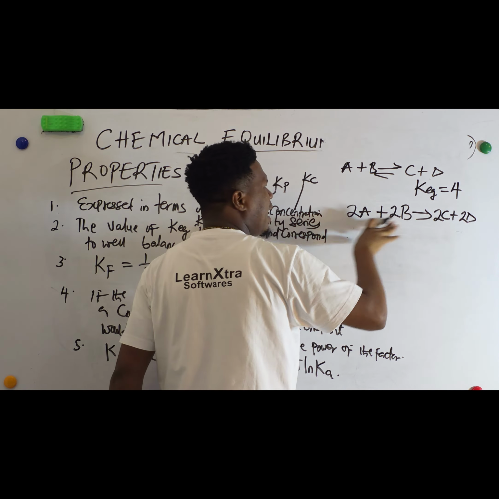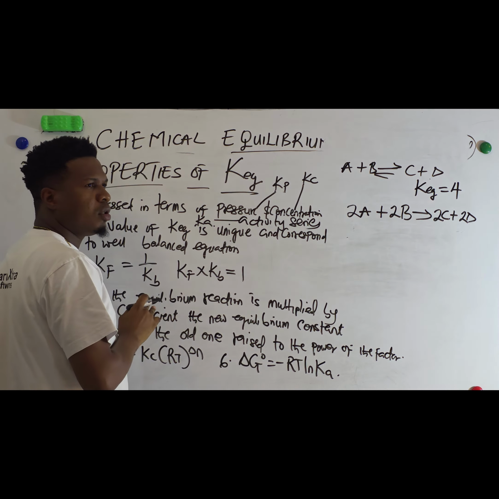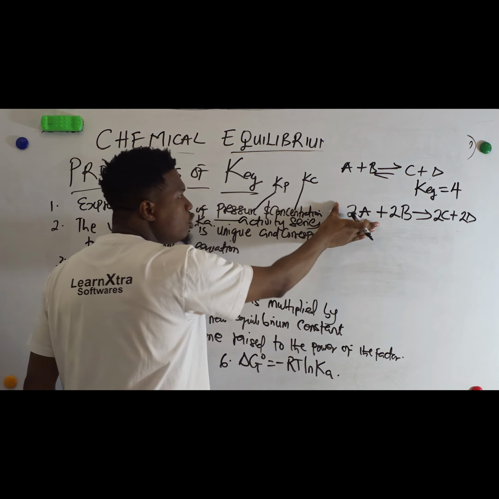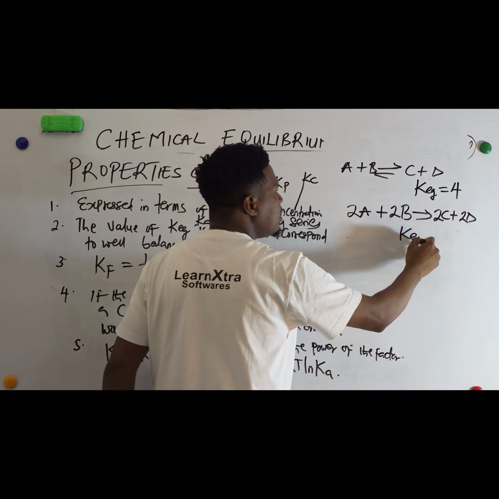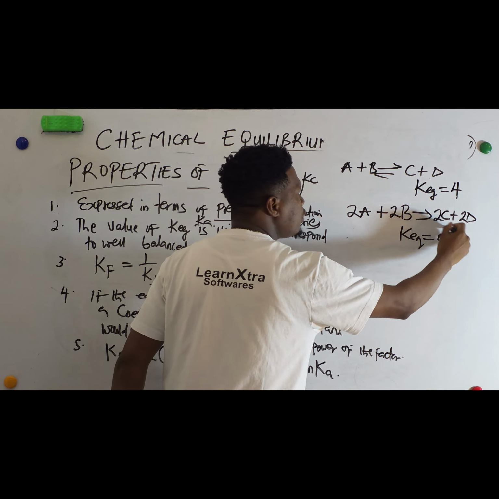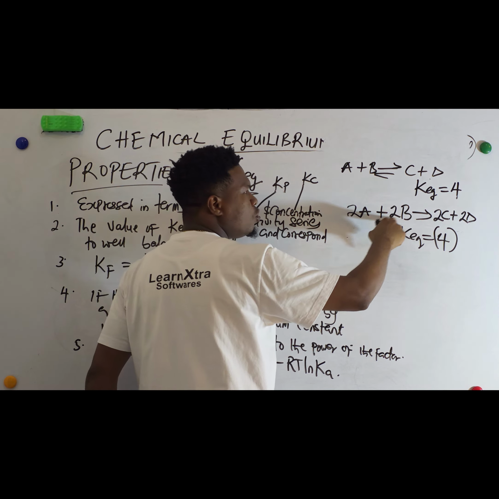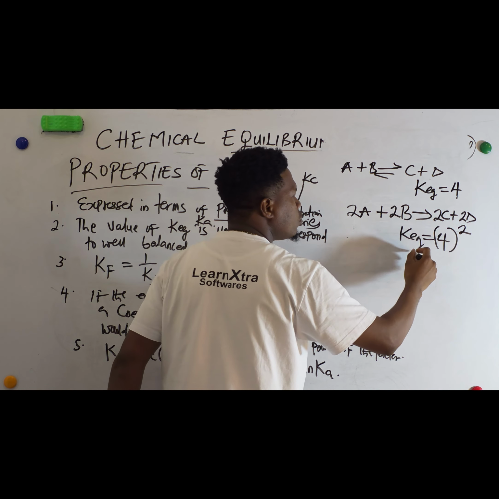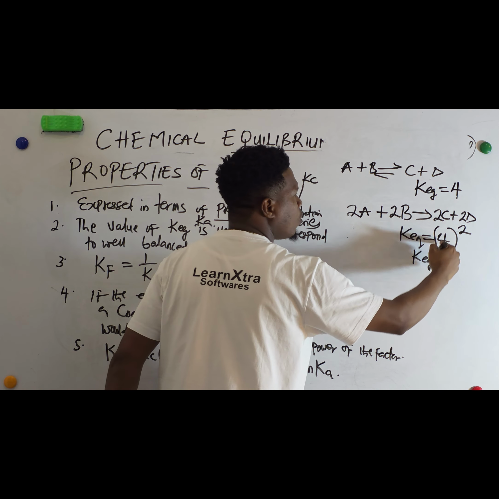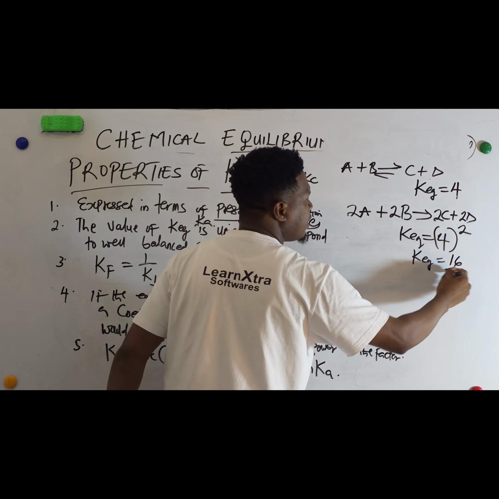Let's say we multiply everybody by 2. The equilibrium constant for this new one would be the old one raised to the power of the factor you used to multiply, which is 2. So the equilibrium constant will be 4 squared, which is 16. That's what I mean.